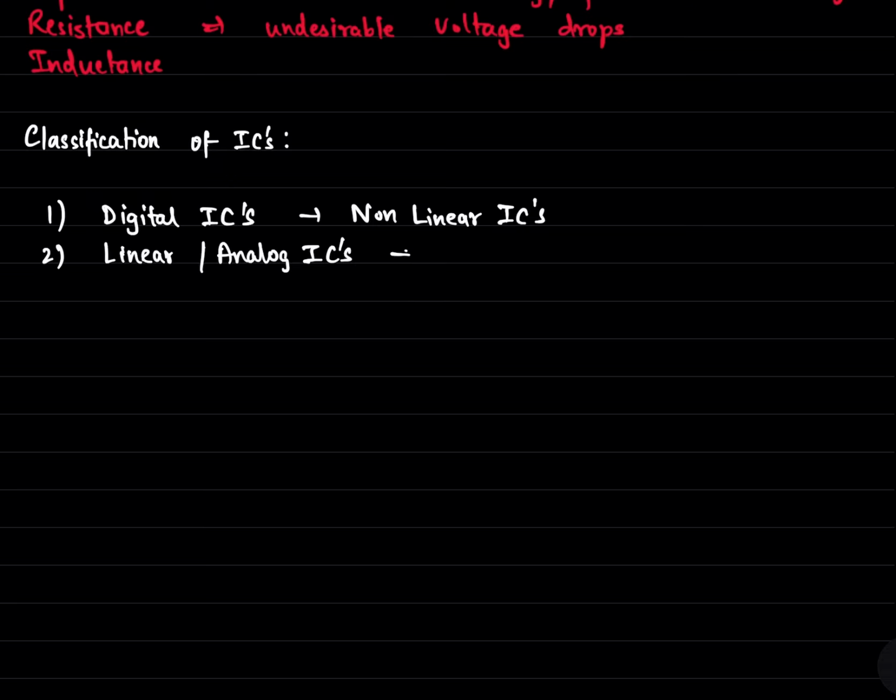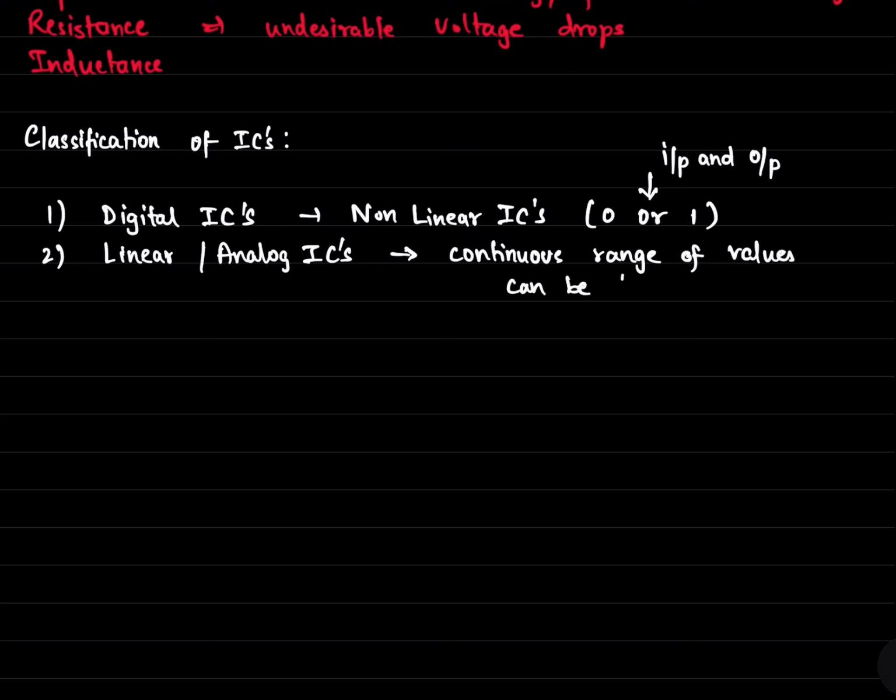In digital ICs, the input can only be 0 or 1. The output can also be 0 or 1. Input and output can only take the values 0 and 1. While in linear ICs, a continuous range of values can be taken for both input and output.